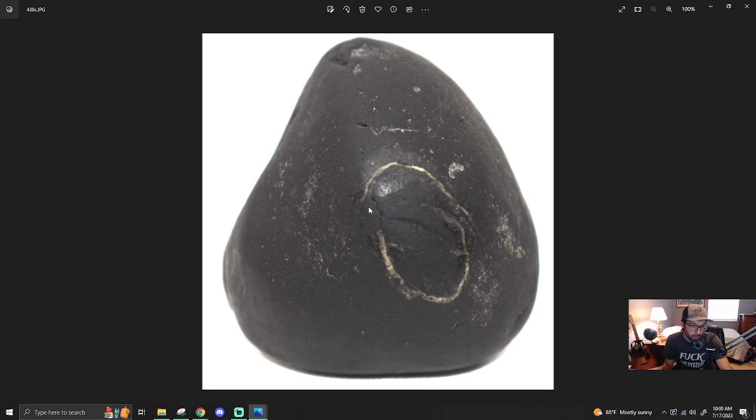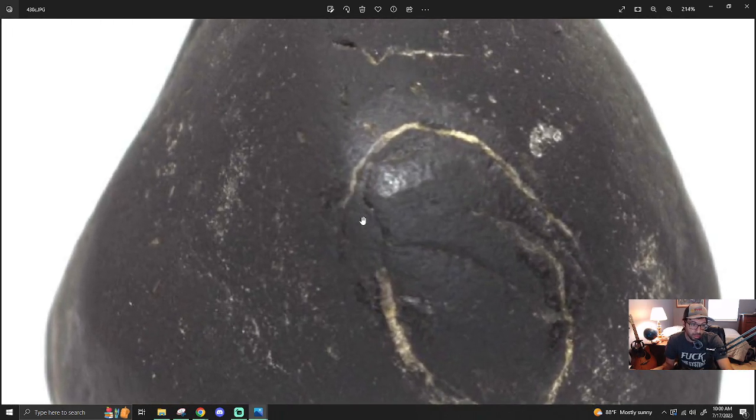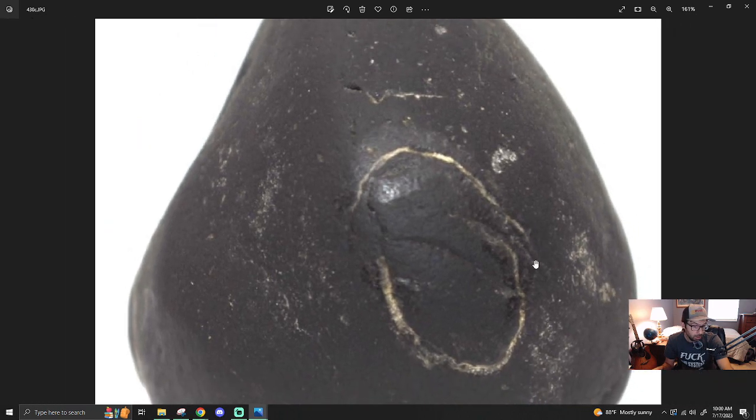It has a channel between here and a channel here, possibly. That would suggest possibly this black shale material had a flow into this region, and then a flow from this side into this region, creating this boundary.